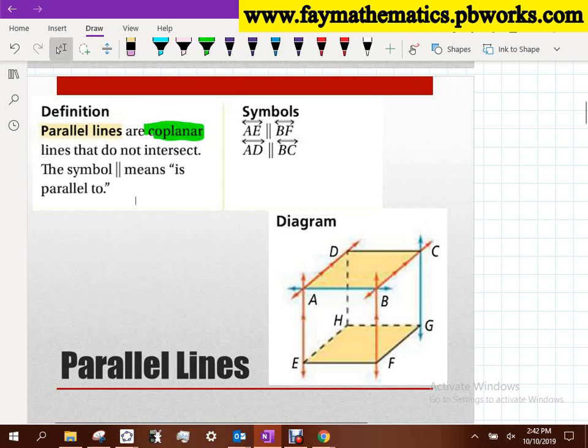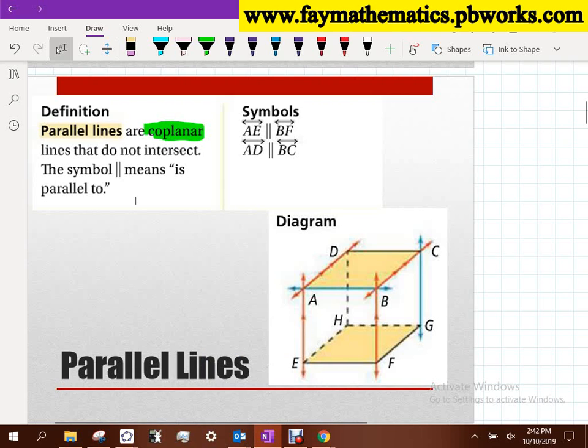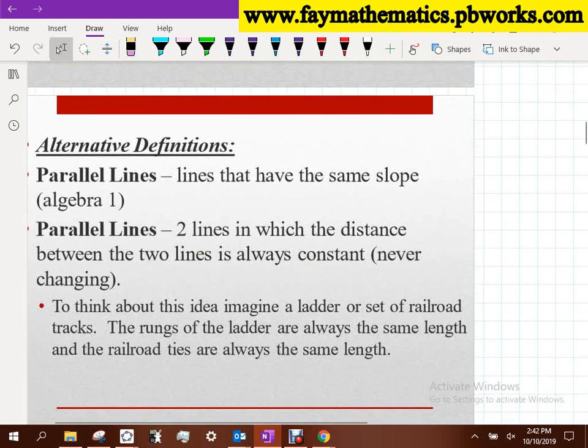But in talking about parallel lines, there are maybe different or alternative definitions that you've talked about in the past, and these are things that I will use as well. Characteristics of parallel lines. Or maybe you said last year that they are 2 lines that have the same slope, right? That's a characteristic of parallel lines.